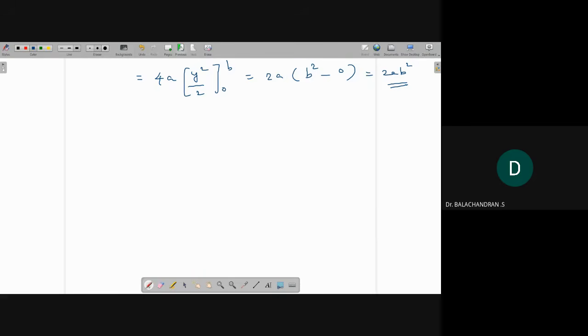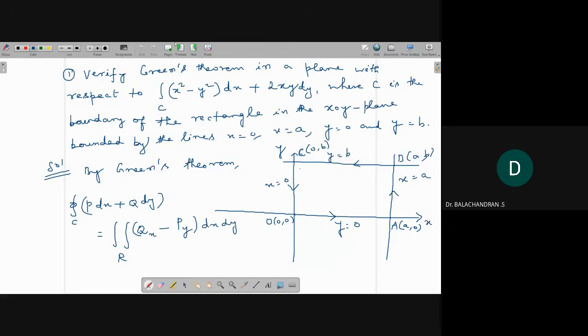Suppose the same question is asked in the exam, but instead of asking to verify Green's theorem, they ask to use Green's theorem in a plane to evaluate this integral. The region is everything the same.